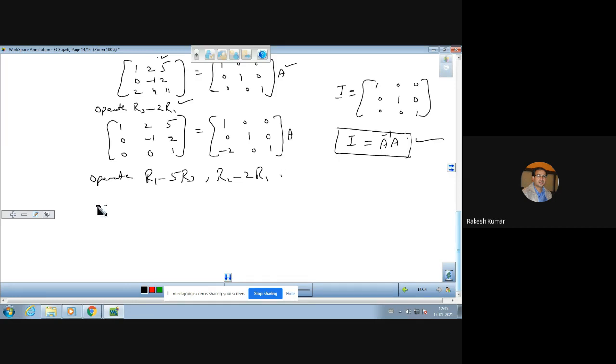So you will operate these operations and it comes out to be 1 and 2, and this comes out to be 0 now. We are using R3 as a pivot row. R3 is playing the role of a pivot, this R3.